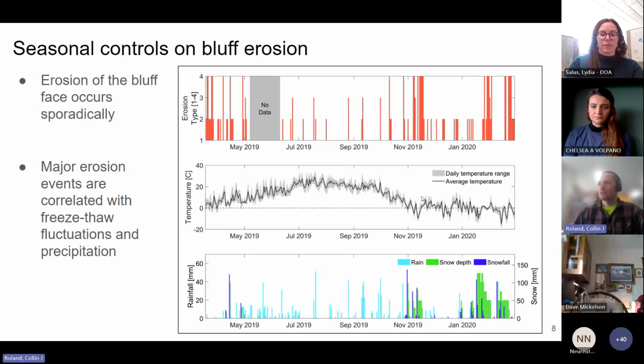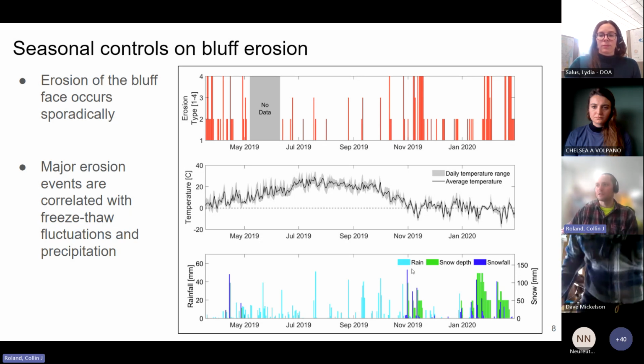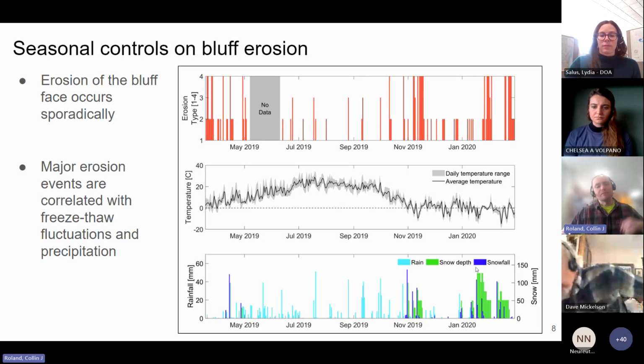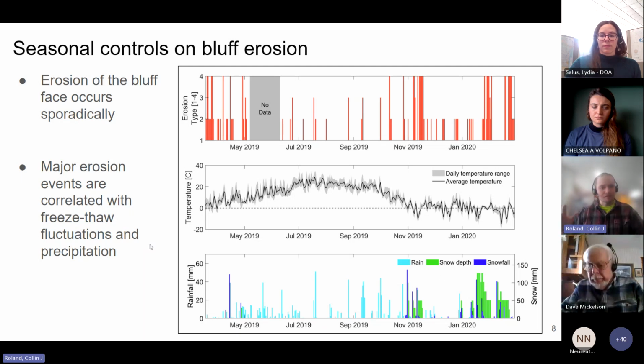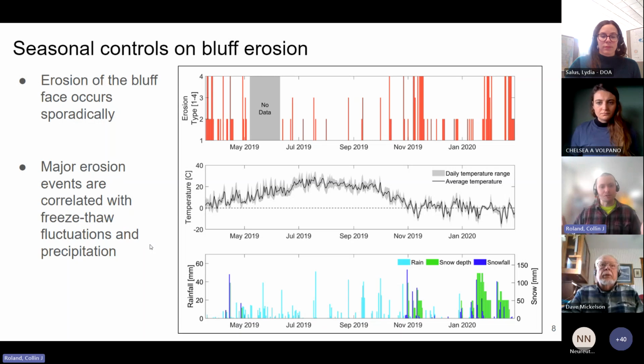They tend to happen when we have fluctuations around that freeze-thaw, 0 degree line. They also tend to be correlated with precipitation events, so we either have rain or snowfall, or we have decreasing snow depth indicating snowmelt. That gives us an idea that what you're seeing in the video is also playing out in a more statistically sound way.